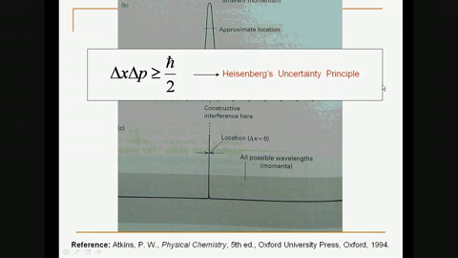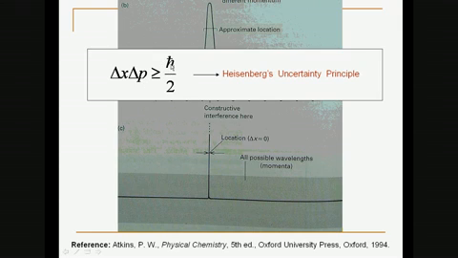Now this is what we call Heisenberg's uncertainty principle, and it can be derived in a more formal mathematical way, and here is what you get if you go through that math. It just means that if we multiply the uncertainty in the position of the particle with the uncertainty in its momentum, we will get something that's equal or larger than h bar over 2.